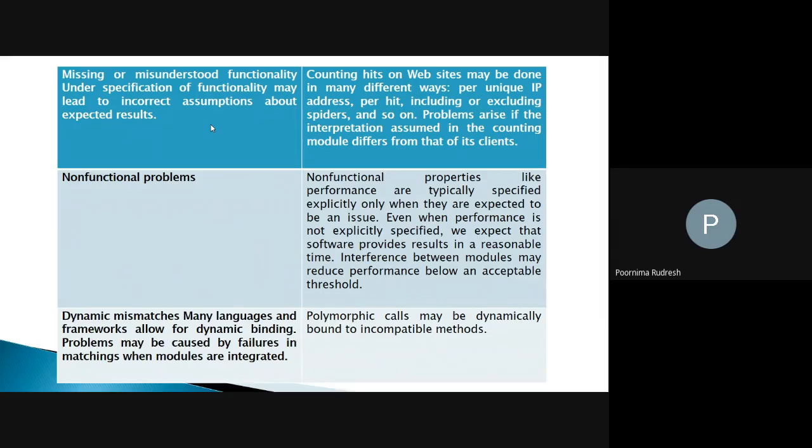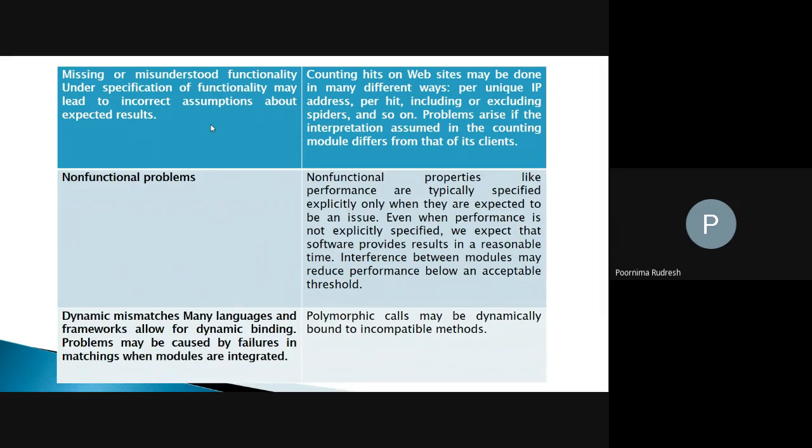As I said, in a project we have a number of modules. If there is interference between the modules, it reduces the performance of the system below some threshold value. Then the problem arises, and that particular fault is called a non-functional problem.